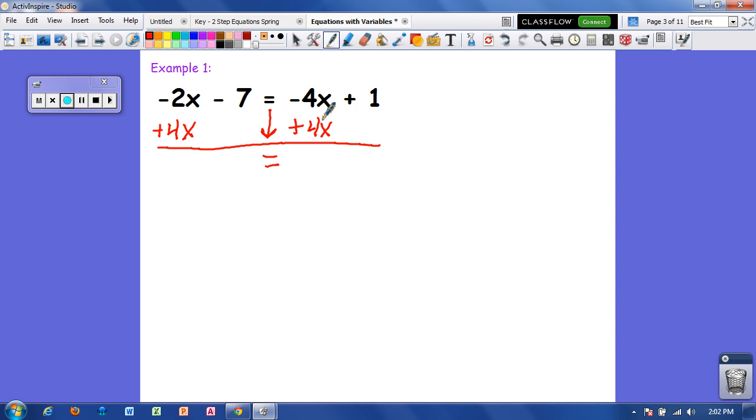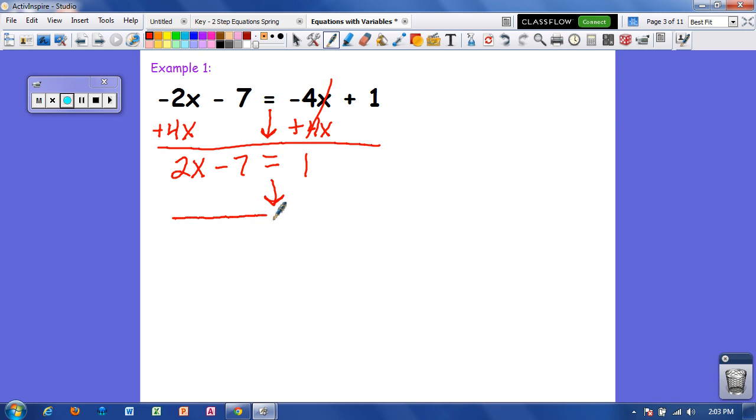This cancels because a negative 4 and a positive 4 make 0. It's a zero pair, and I'm just left with a positive 1. Over here, negative 2 plus 4 is a positive 2, so I have positive 2x. Then I just carry down the minus 7. Now I have 2x minus 7 equals negative 1.